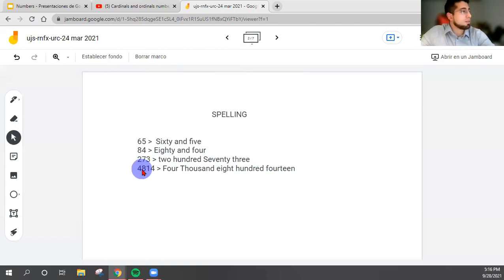And then we have 4,814 photos or songs, right? Muy bien, como tengo 4,814 canciones, right? Muy bien. So these are certain examples, esos serían algunos ejemplos of how you make o cómo hablamos o cómo decimos the numbers, los números. Ok, ¿listo, chicos?